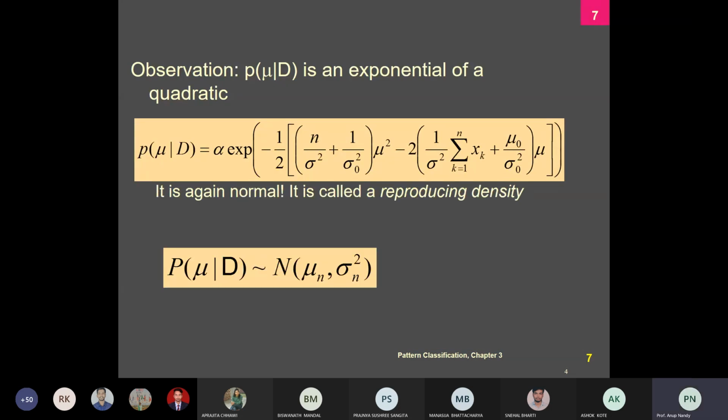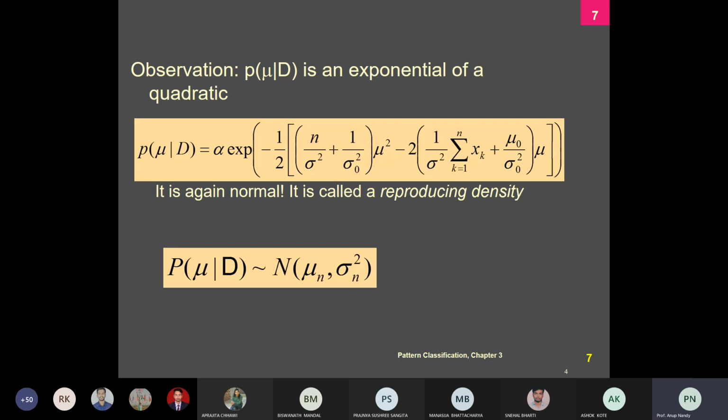And now here it is again a normal, and it is called the reproducing density. So from this density you are again reproducing a density, that is P(mu given D), which is N of mu_n comma sigma_n square.